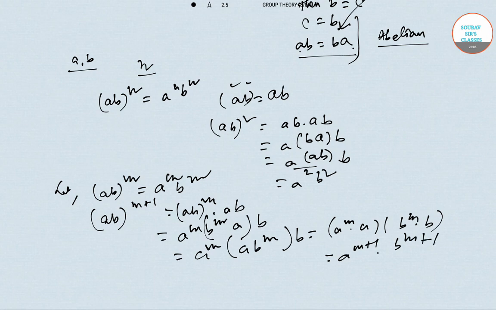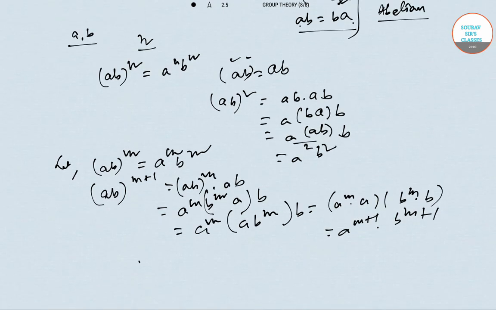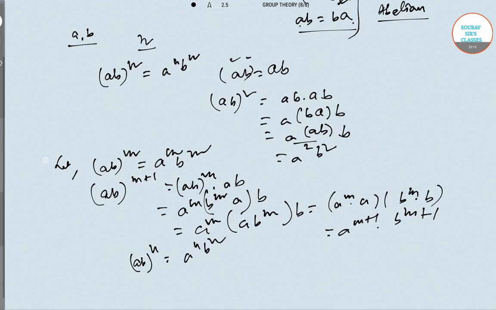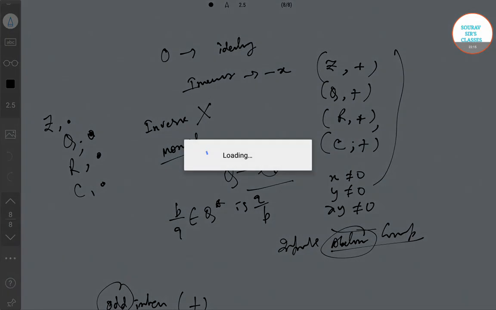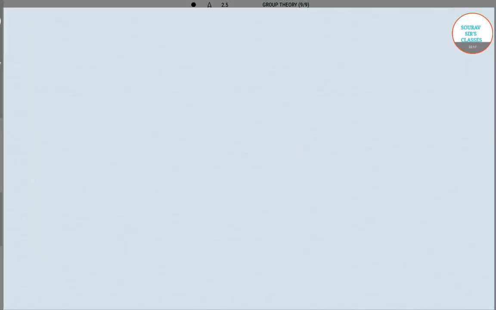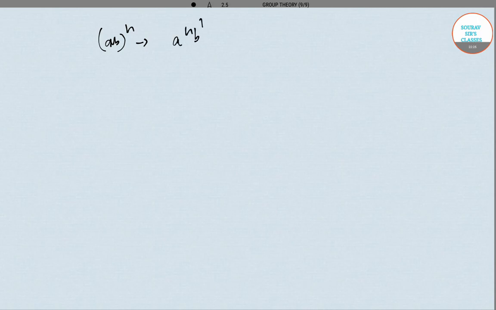By the principle of mathematical induction, we can say that (ab) to the power n is a to the power n, b to the power n, as it is applicable for 1 and 2 and for m and m plus 1. For a non-abelian group, (ab) to the power n need not be equal to a^n b^n. Remember that, this is a very important part.